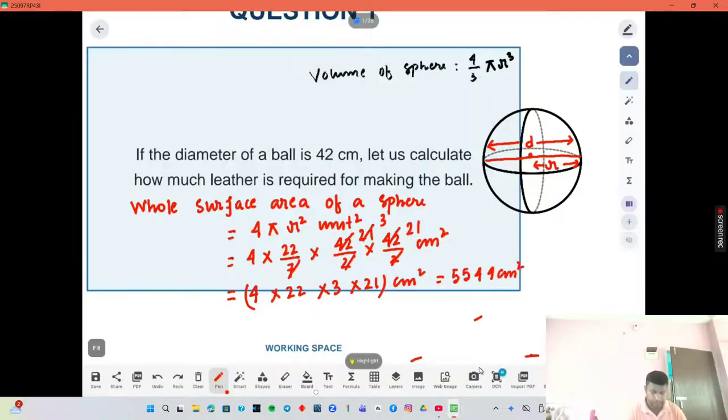So how much leather does the ball contain? The ball contains 5544 centimeter square leather.